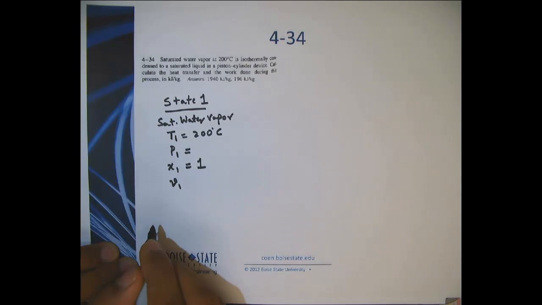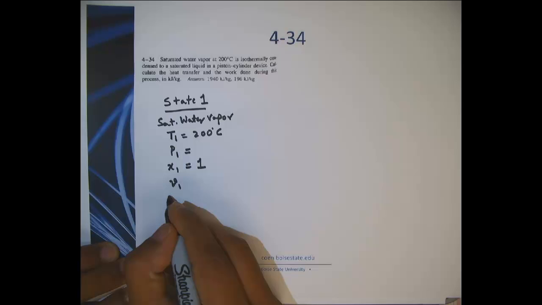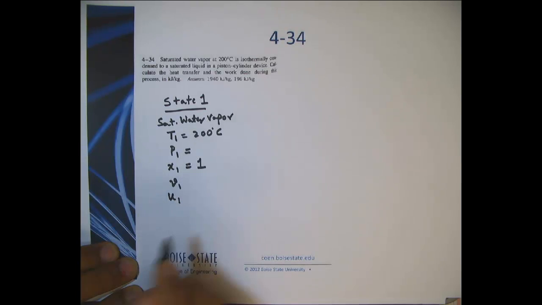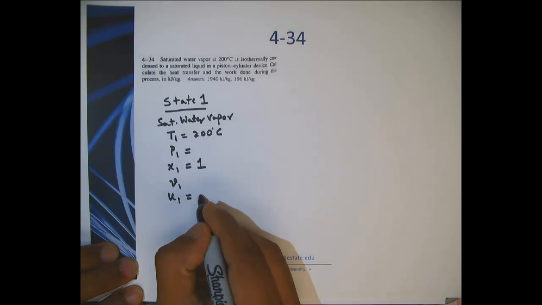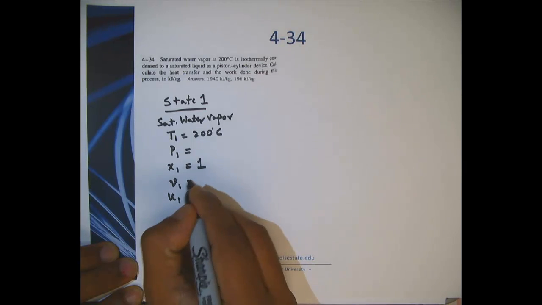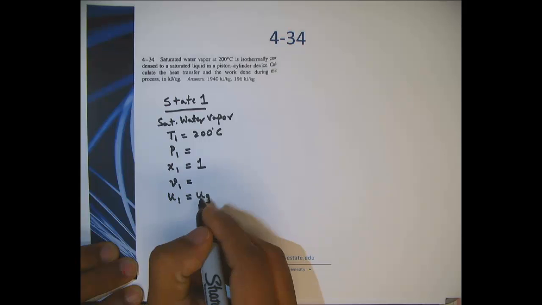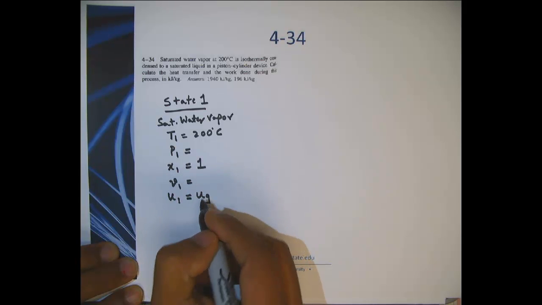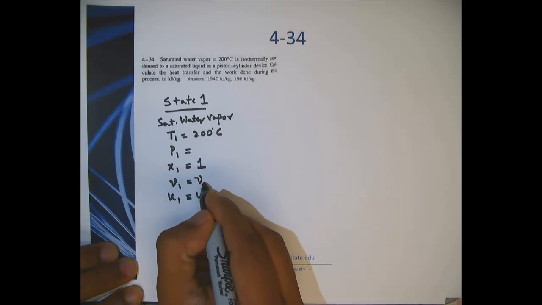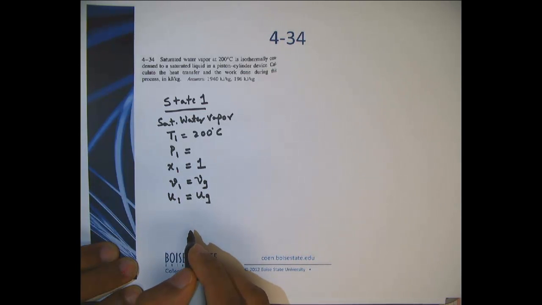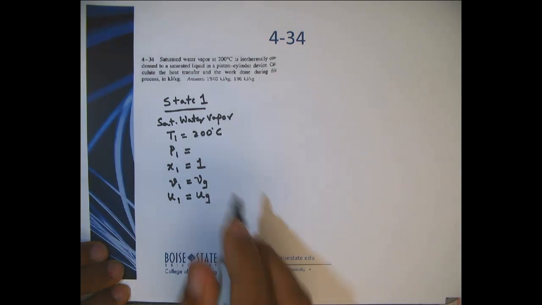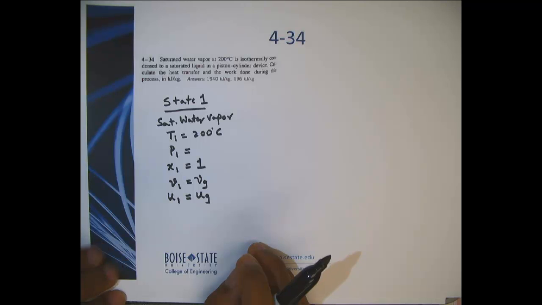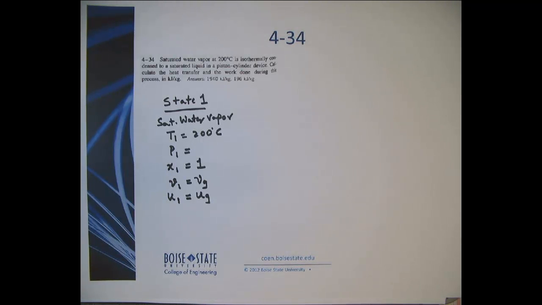So I can go ahead and compute V1 as well from the tables, which we will do pretty soon. And let me also write U1, and we'll talk about why I'm going to do this. Since this is saturated water vapor, it will be equal to Ug, internal energy per unit mass, and this would be equal to Vg. Okay. So since we are given temperature, let's go to the saturated tables and go to the temperature table.